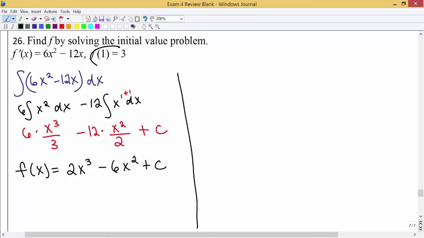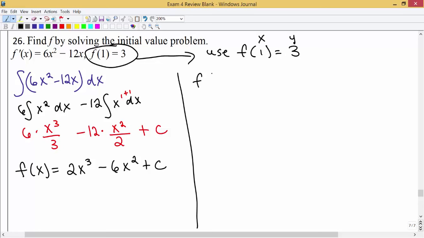Remember, to actually figure out the constant, that constant of integration c, we actually have to use the information here that we're given, f of 1 equals 3. So if a 1 goes in to our function as input, the 3 should come out as output. So we're going to take our function, we're going to put in a 1 everywhere that we see an x.